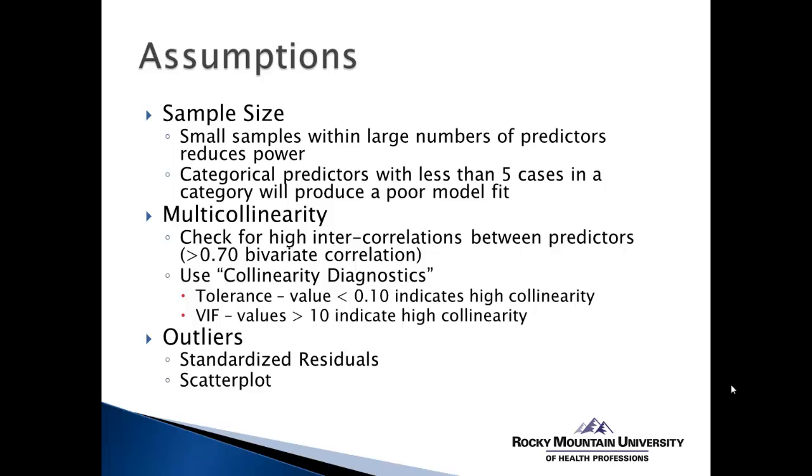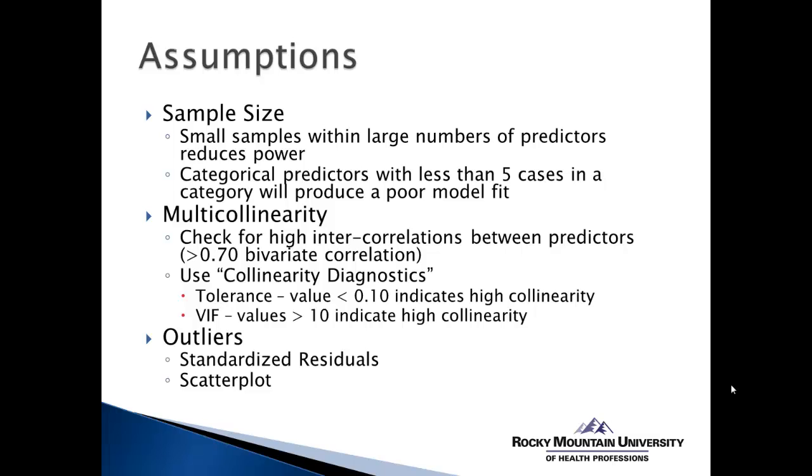The last assumption we have to worry about is looking for outliers. We look for outliers in quite a different way than we do when we just have basic quantitative data. We use something called the standardized residuals, and we also use scatter plots in order to determine these potential outliers.